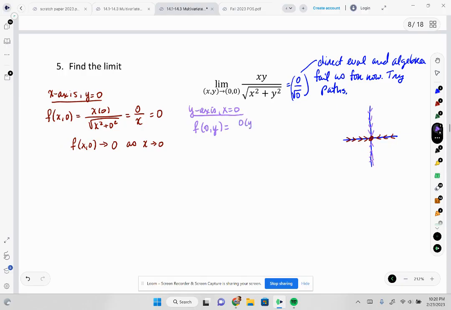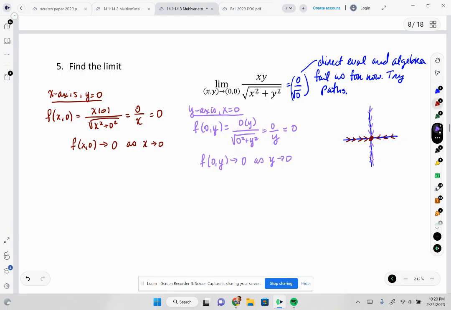So we get 0 times y over the square root of 0 squared plus y squared. That simplifies to 0 over y, which is 0. That means if I take the limit as y goes to 0, my function f(0, y) approaches 0 as y approaches 0.